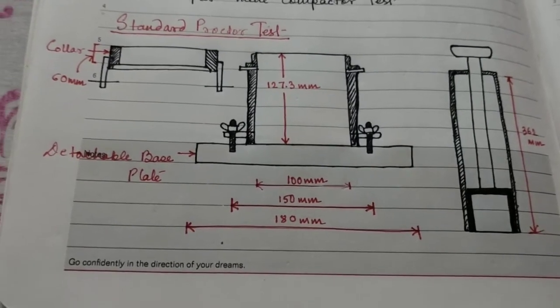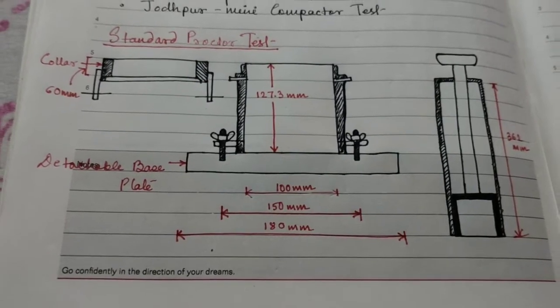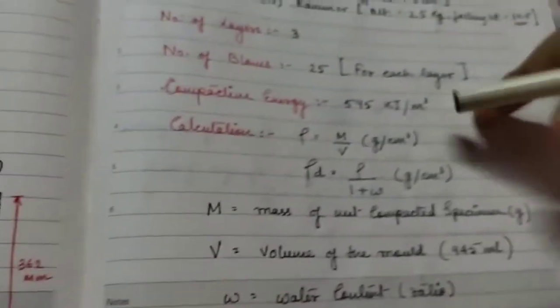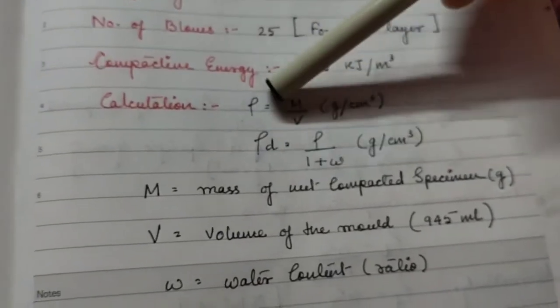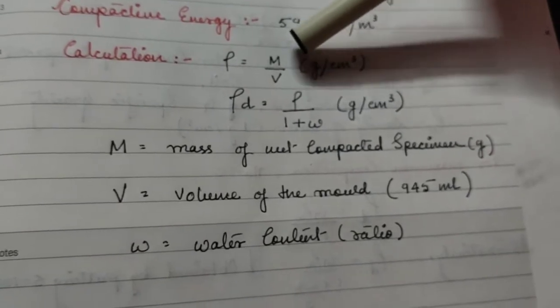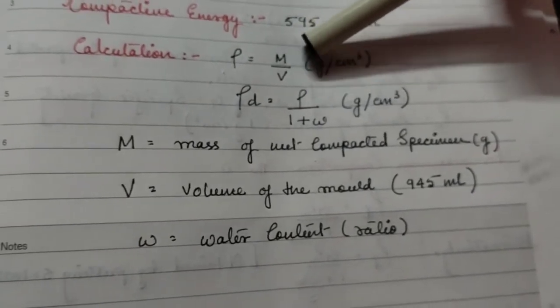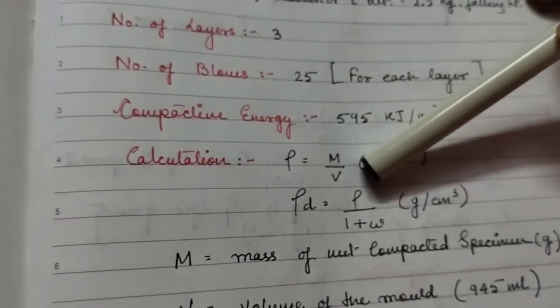The bulk density and the corresponding dry density for the compacted soil can be given from the following relation. So this is the relationship between the dry density and the bulk density. This relationship you have already studied in the previous soil mechanics 1, where the density of the soil is given by mass per unit volume.